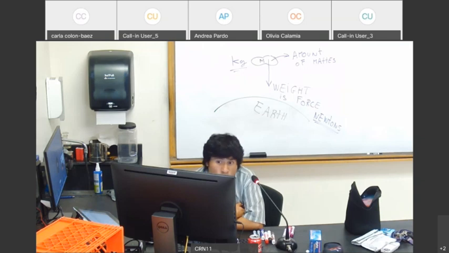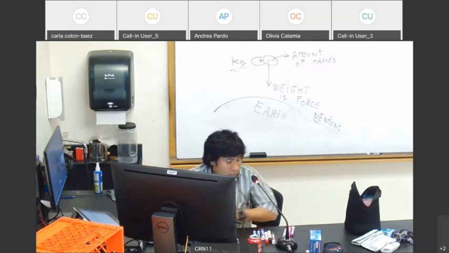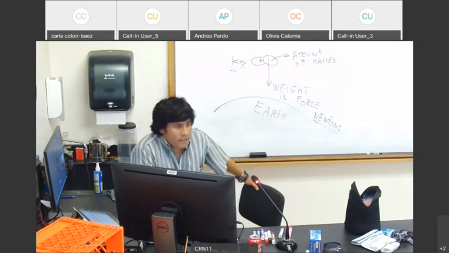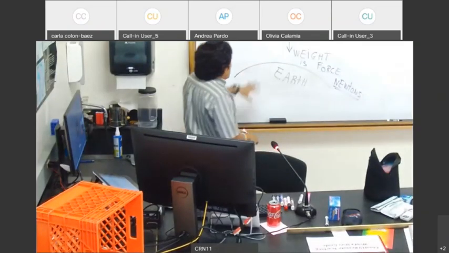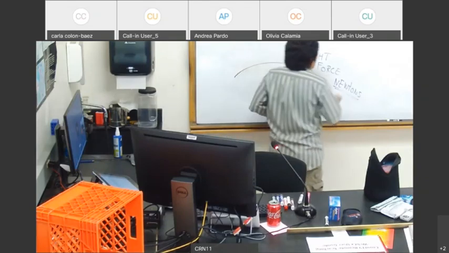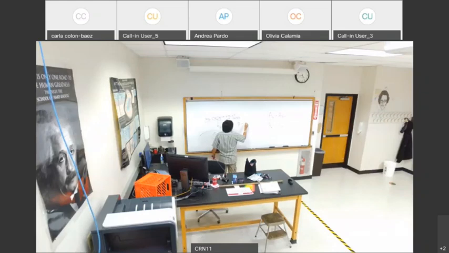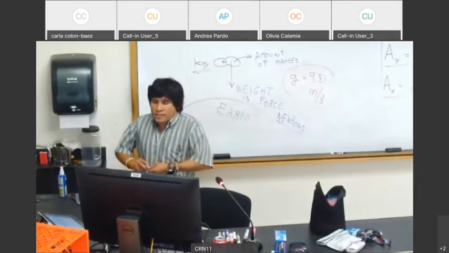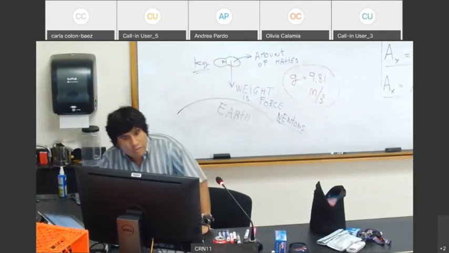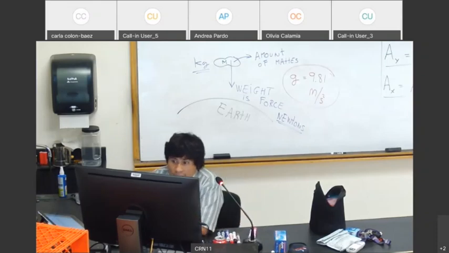But that's actually a force, that's actually the weight. Your mass, well, you will have to divide that by gravity, right? And what is gravity? Gravity is a constant depending on the mass of the Earth and the radius of the Earth. And we will learn that gravity is around 9.1 meters per second. Is the acceleration due to gravity. Is the reason why objects fall towards the ground. That's that, right?